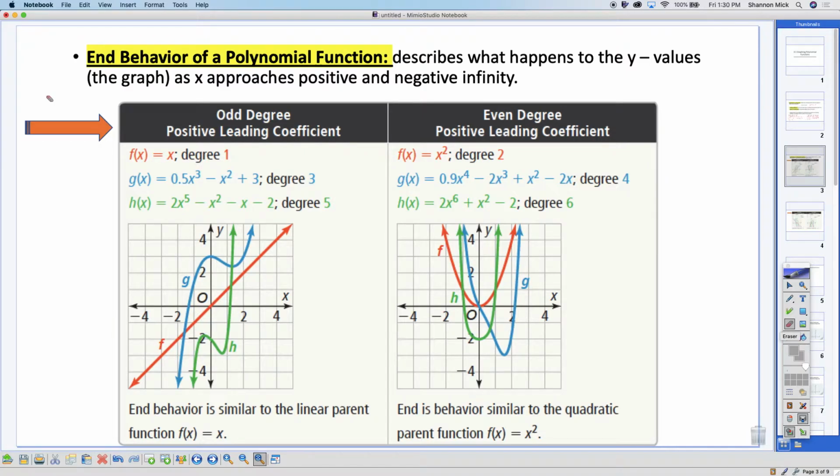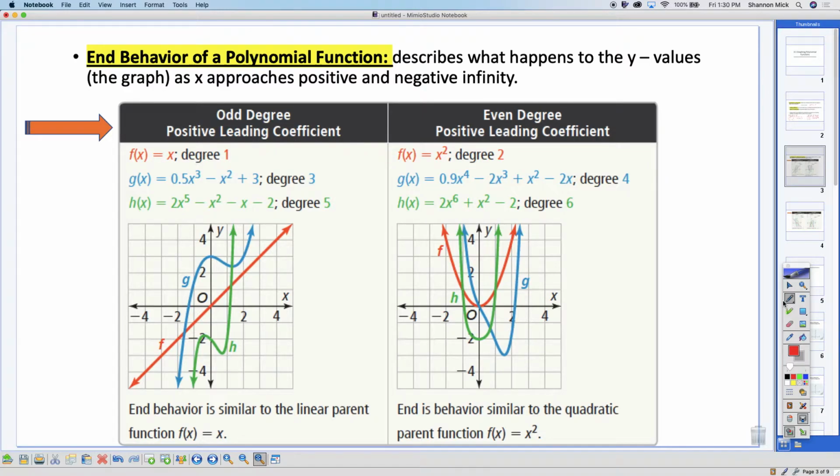End behavior describes what is happening to the y's as x approaches positive and negative infinity. It starts by talking only about positive infinity because we do everything from left to right, negative infinity to positive infinity.